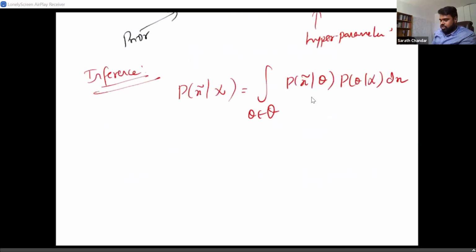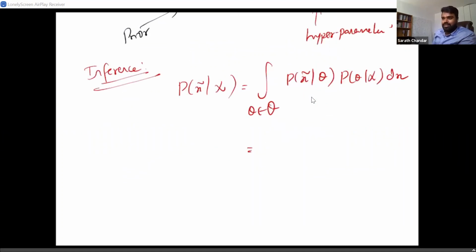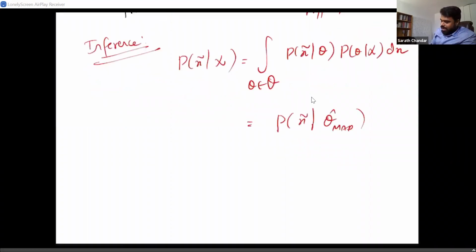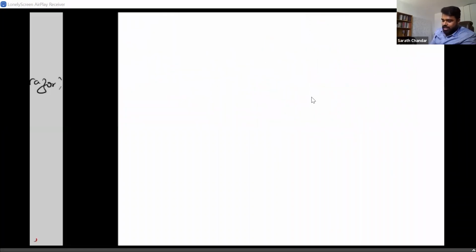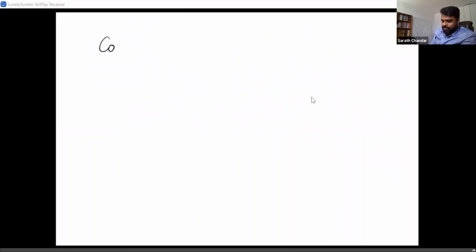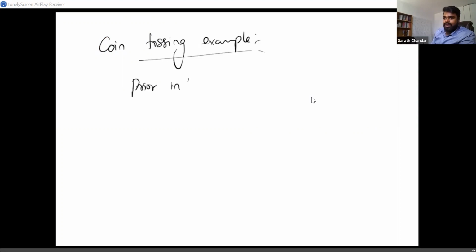Now, the way in which MAP is approximating this is by simply computing P of x given theta MAP. Is that clear? Okay, so now let's go back to our coin tossing example. Now I want to add prior information that the coin is usually fair.